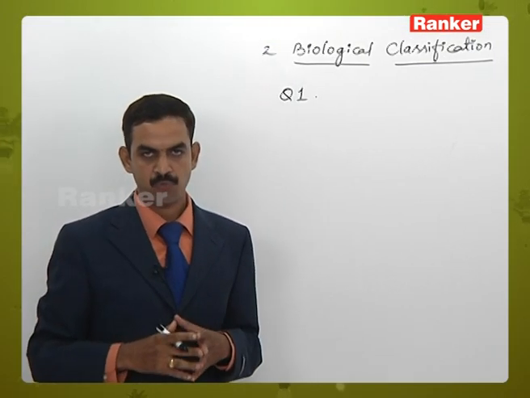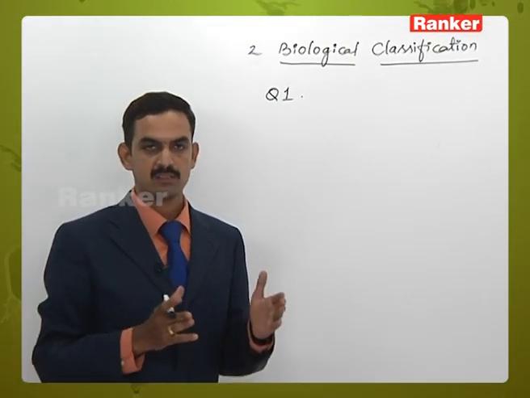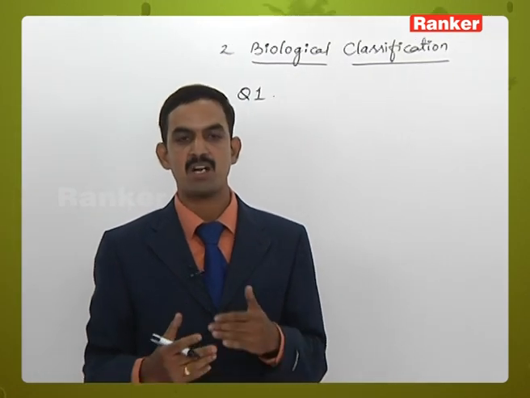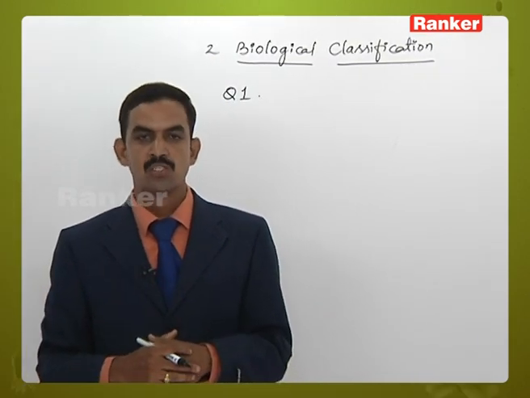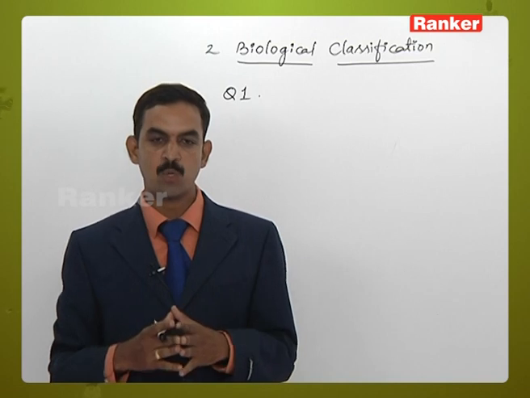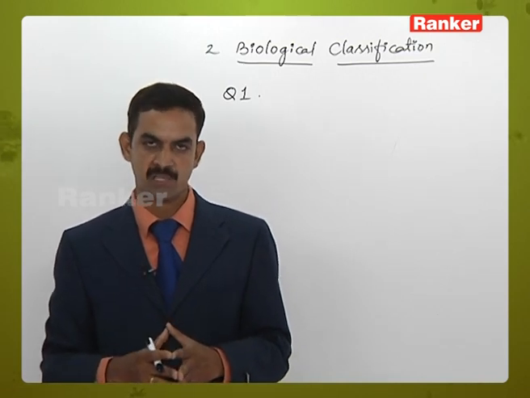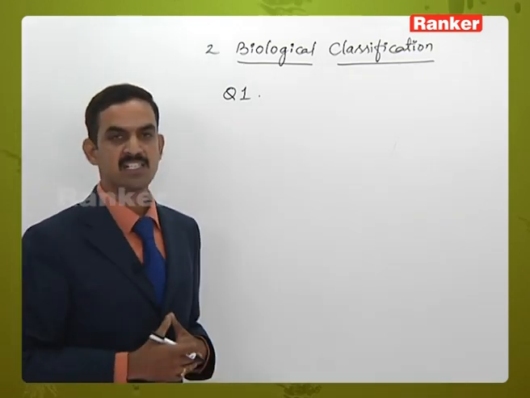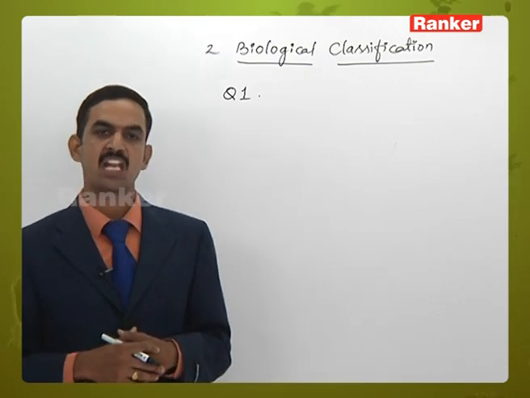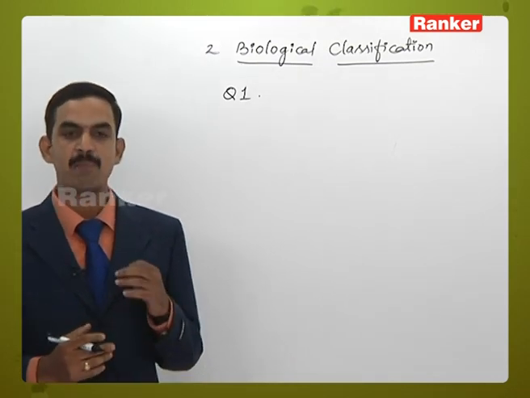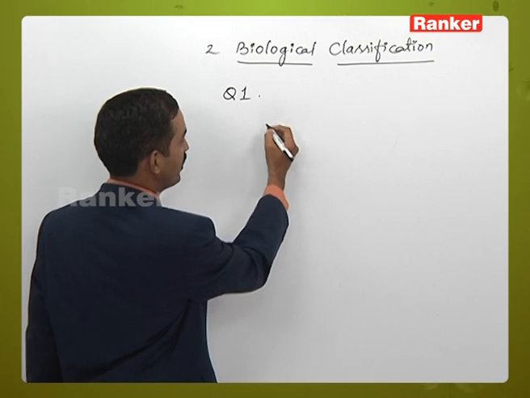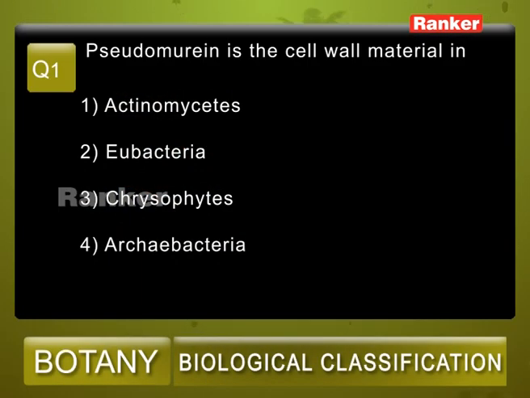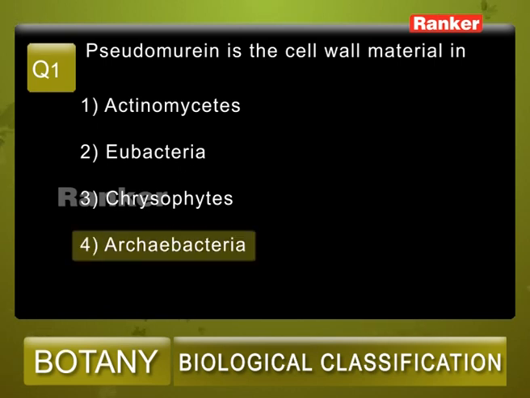Out of the given 4 options, some are taken from Monera, some from Protista. Out of the Monera group, eubacteria and archaebacteria are present. Eubacteria contain peptidoglycans as a cell wall material, whereas archaebacteria contain pseudomurines. So the correct answer for question number 1 is 4. That is, pseudomurine is present in the cell wall of archaebacteria.